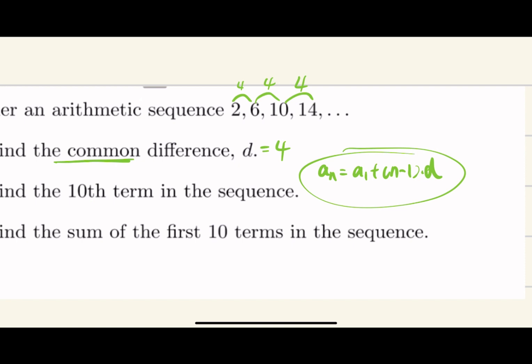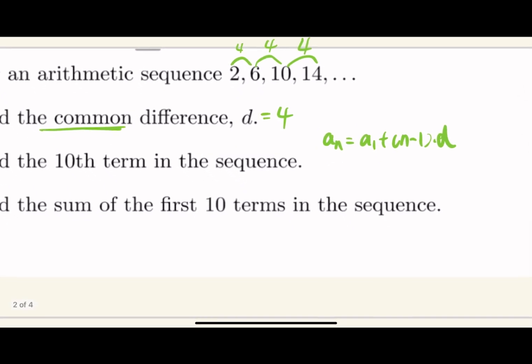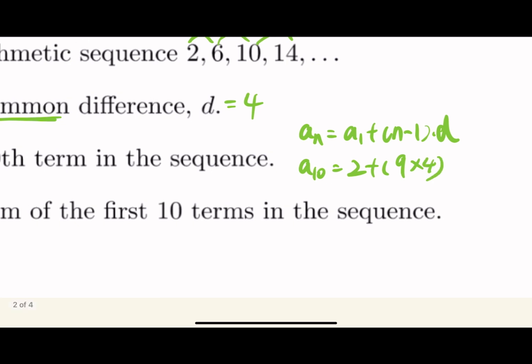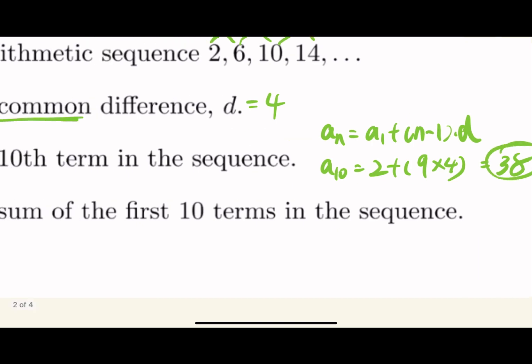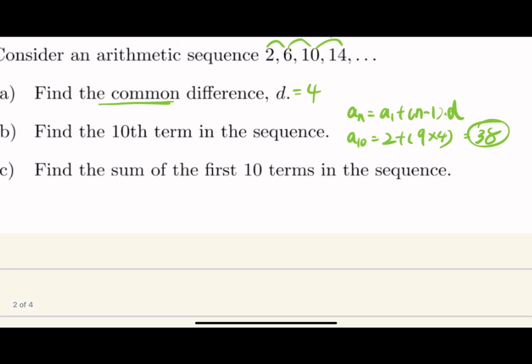So the 10th term means n equals 10, so a10 equals a1, which is 2, plus n minus 1, so that would be 9, times the common difference d, 4, and that will be 38. That's the answer.